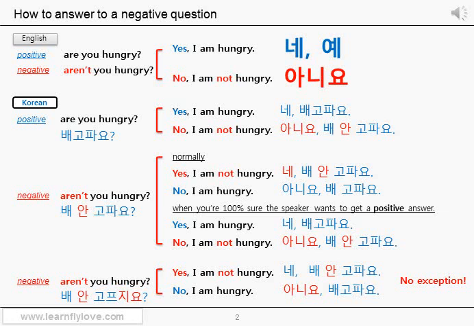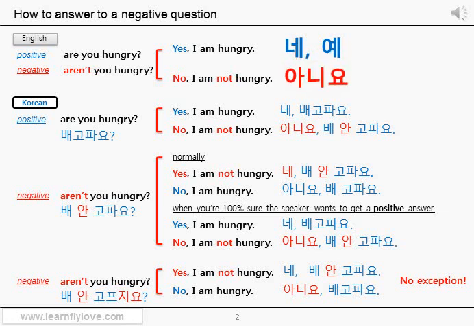By the way, you know how to say yes and no in a Korean honorific sentence, don't you? Yes is 네 or 예. In my personal opinion, 네 sounds more casual and 예 sounds a little bit more polite.